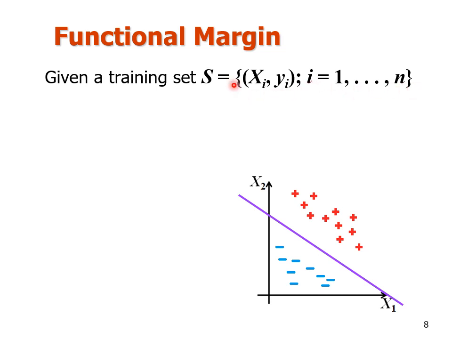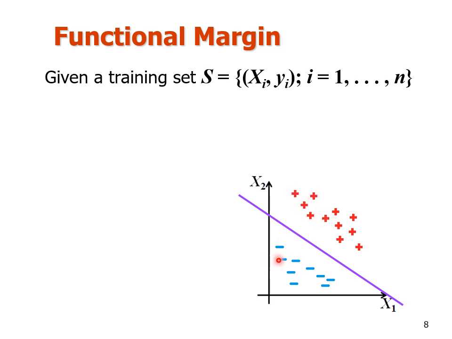So S denotes a training data set having the samples xi, yi, and i varies from 1 to n. And now we are supposed to find out the functional margin of w comma b with respect to this entire set S.